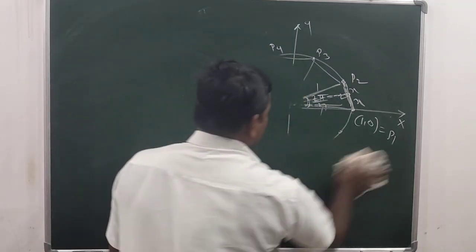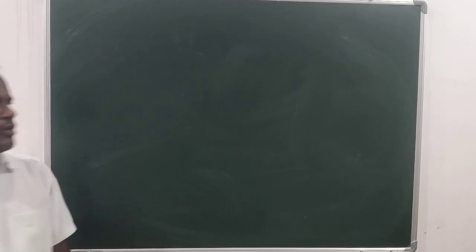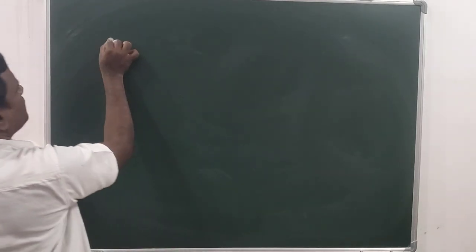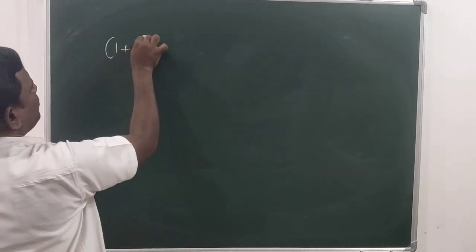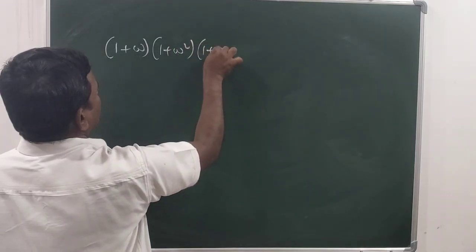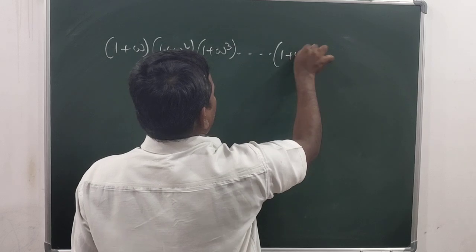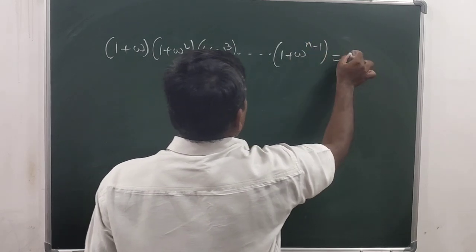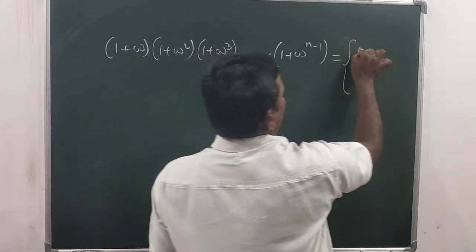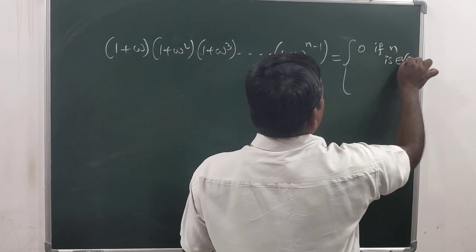Yes, next, students, here you would have to remember one more point. See, this result: 1 plus omega into 1 plus omega square into 1 plus omega cube and so on, up to 1 plus omega power n minus 1, is equal to 0 if n is even.